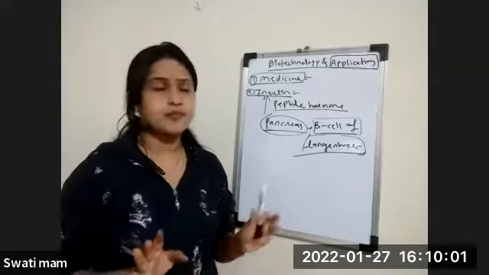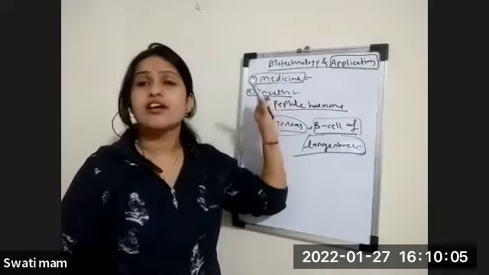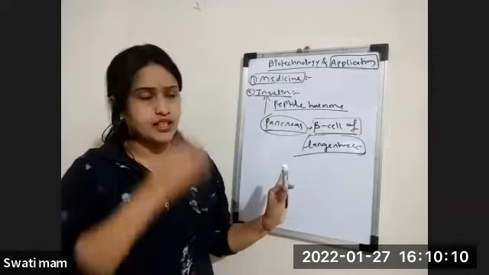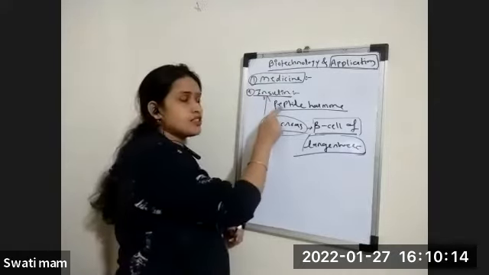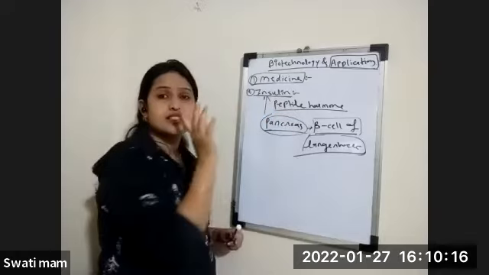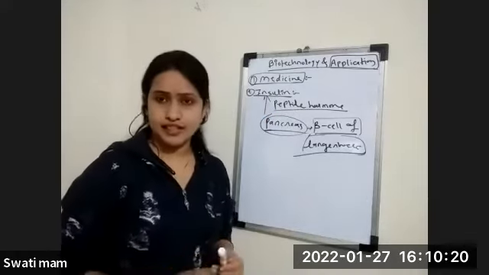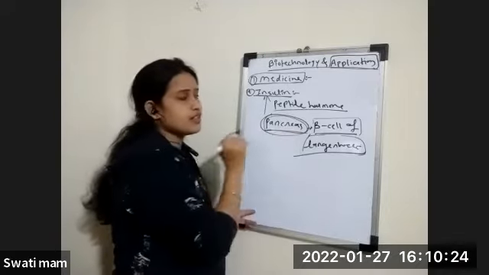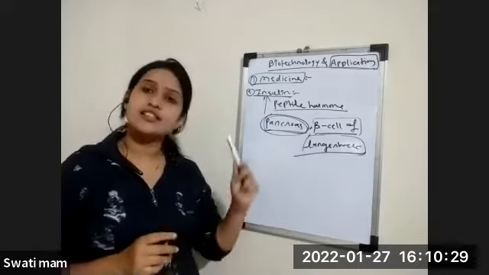So hopefully you are clear regarding what insulin is, where it is synthesized, and what the function of that insulin is. Insulin is nothing but a peptide hormone which is synthesized by the pancreatic gland or pancreas. Then which cells in the pancreas? The beta cells of Langerhans play an important role to synthesize this insulin.